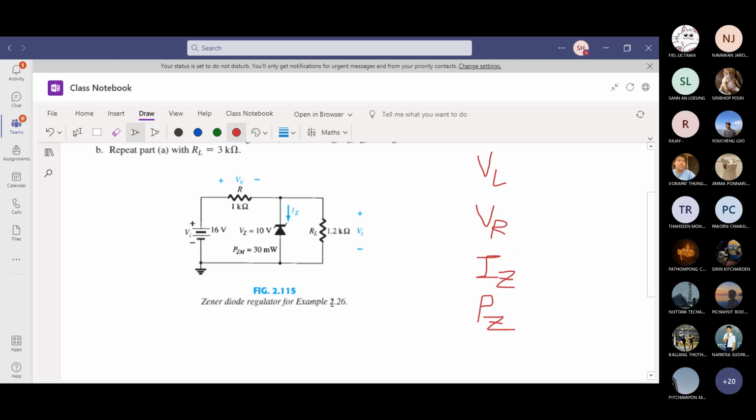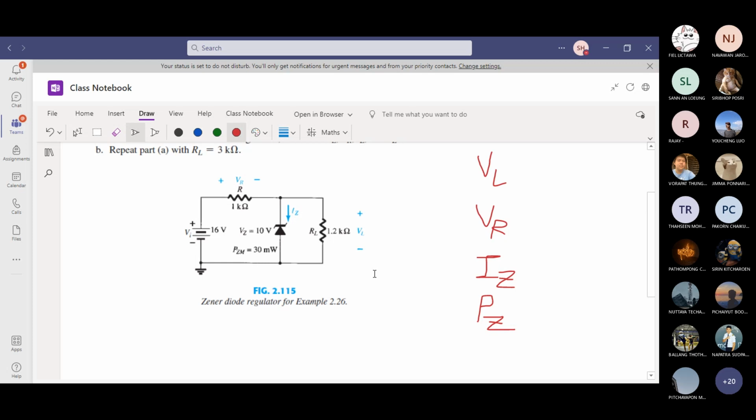What is the VL? First, you need to determine if the zener is on or off. So let's determine if the zener is on or off. Mr. Natapok, can you determine the VL? What step do you have to take? First, imagine the zener is not there and tell me what is the VL.